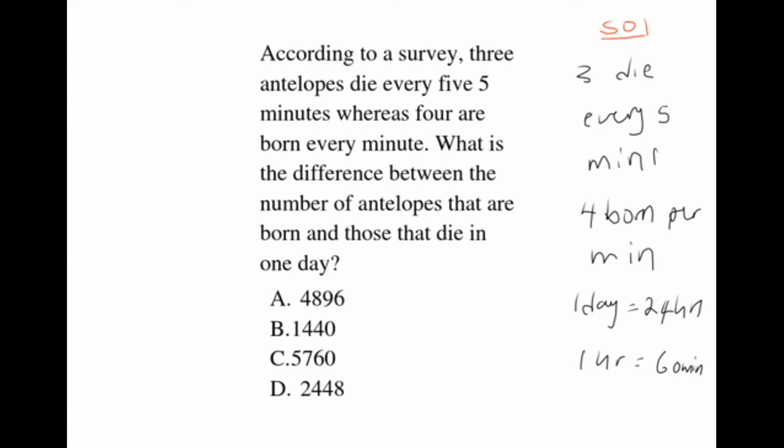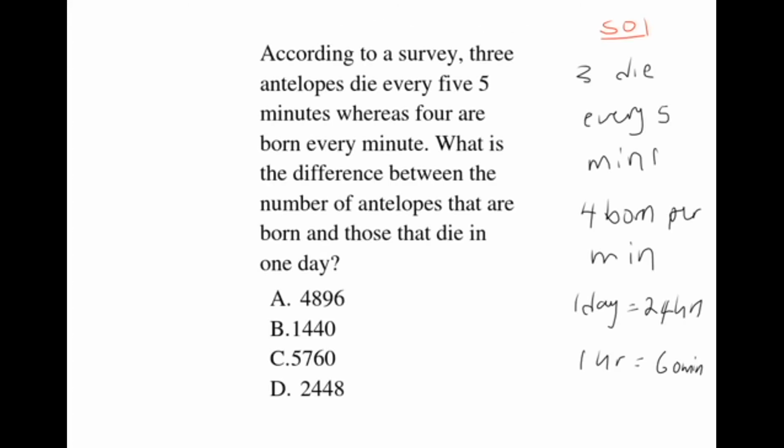Therefore, in this information, we can now proceed as follows. If a day has 24 hours and each hour has 60 minutes, we take 24 multiplied by 60. This will give us 1440 minutes. Then we come back to the question. The question tells us that 3 antelopes die every 5 minutes.